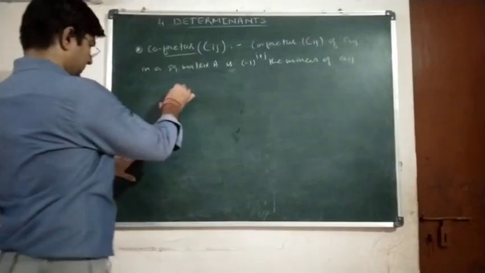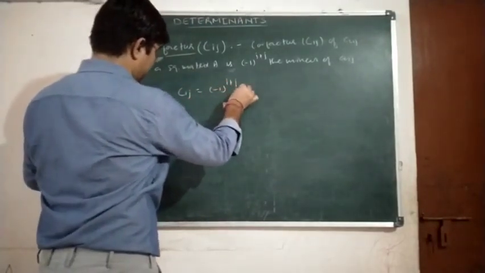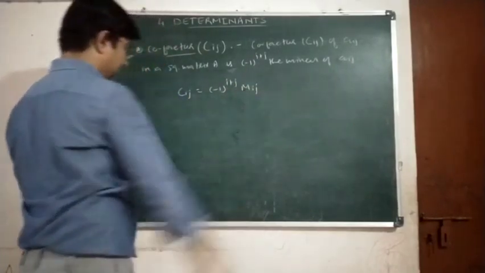In short, Cij is obtained by minus 1 raised to i plus j into Mij.